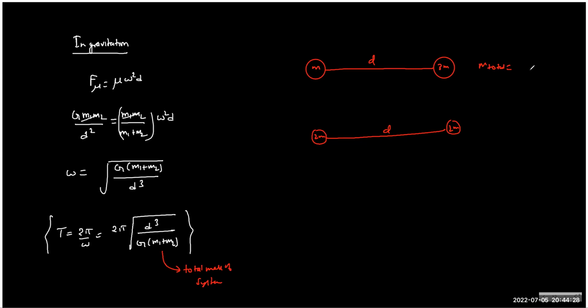As long as the sum is constant, the time period will be same. That's a very deep observation. The time period does not depend on the individual mass, rather the sum of the mass. And therefore, if you know this relation, you can answer questions like this without solving.